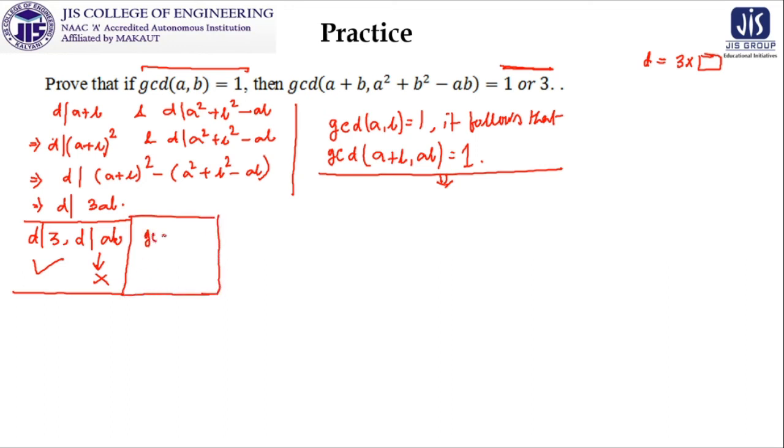If I want to show that, that means I want to show that GCD of D comma AB is equal to 1, means they are co-prime. It is our target to show.